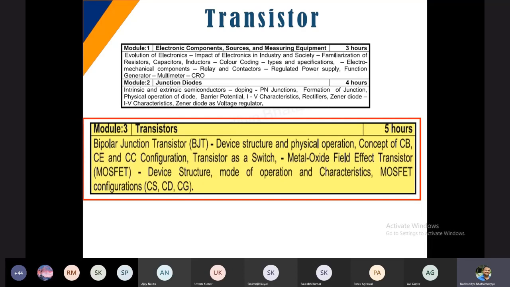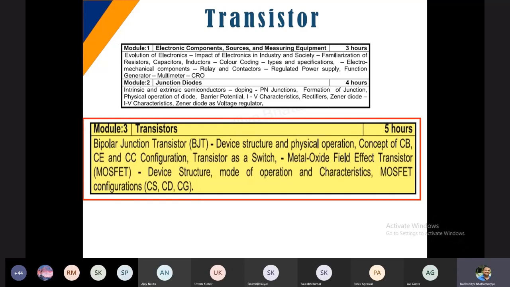Similarly, just like we had forward bias and reverse bias operation for a diode, here we will have common base, common emitter, and common collector configurations, which stand for CB, CE, and CC configuration. We'll see that each of these configurations has its own merits, one by one.